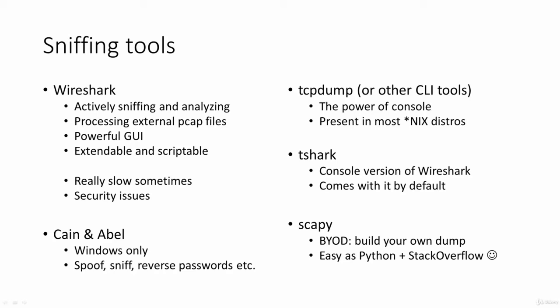TShark is a really powerful substitute for TCP dump, I guess, because it's basically a console version of Wireshark. It's cool, it's faster, yeah, and it as well as TCP dump can be used to capture a lot of traffic, save it to pcap files, and then grab these files and somewhere on a much stronger and more powerful machine analyze that with Wireshark or something else.